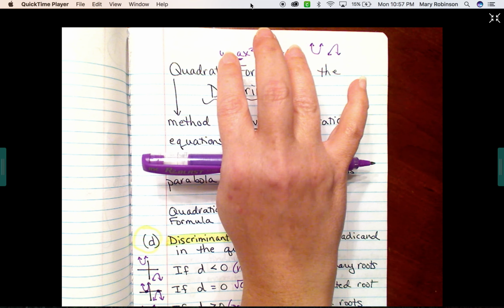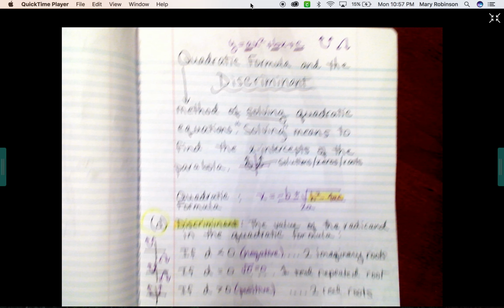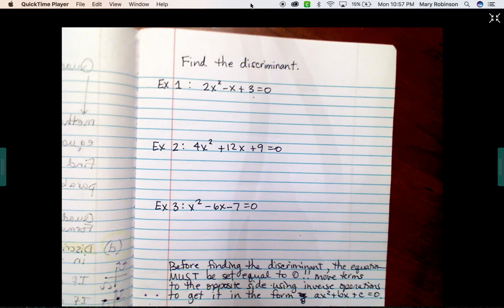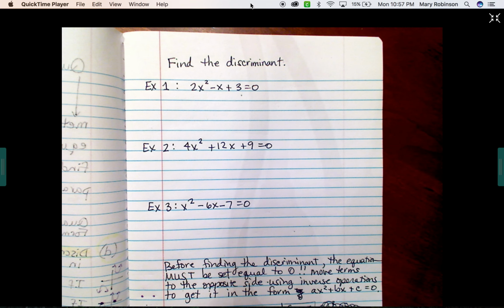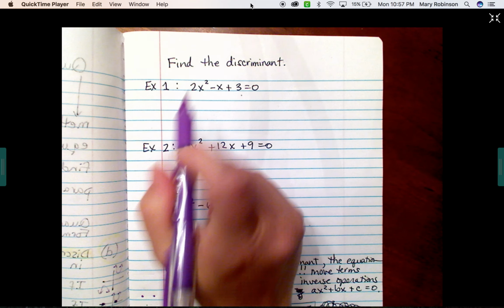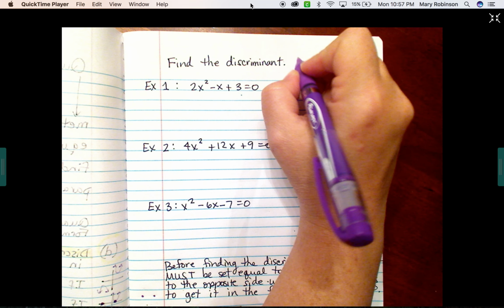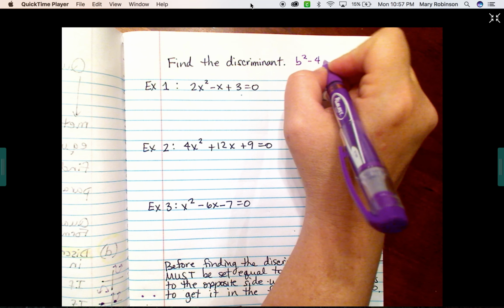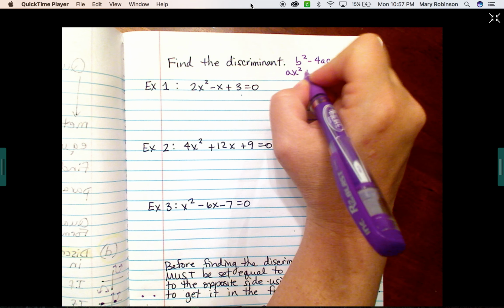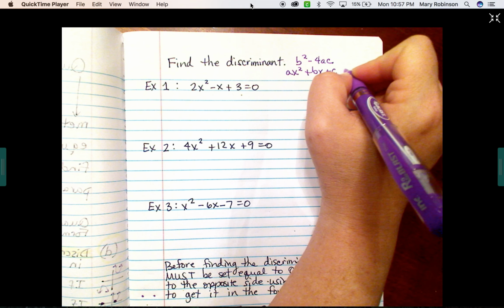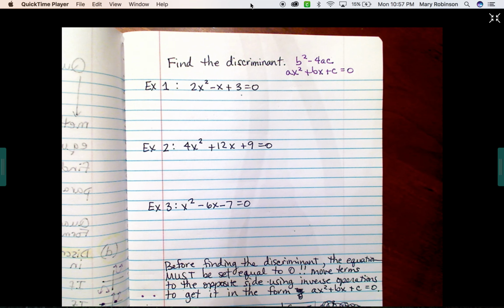Now, what you should always see, I'm going to flip my page here, is that the equation is equal to 0. So if you need to pause the video, feel free to pause it at this time. So the discriminant, again, is b squared minus 4ac. And again, our ax squared plus bx plus c should be equal to 0.